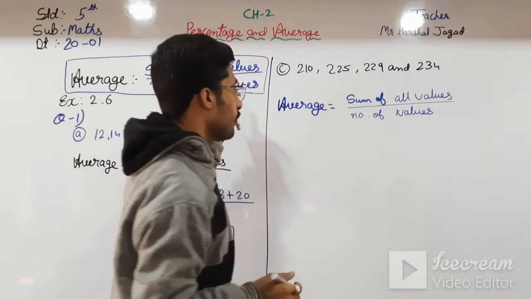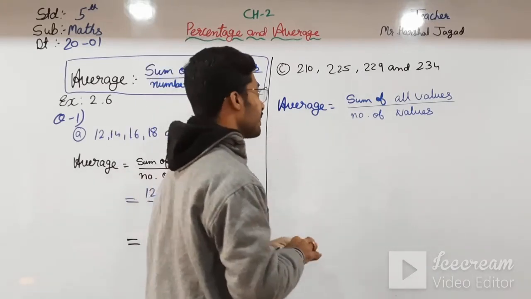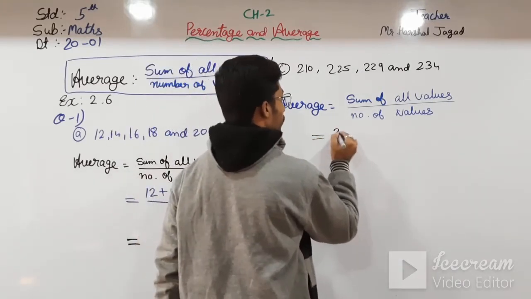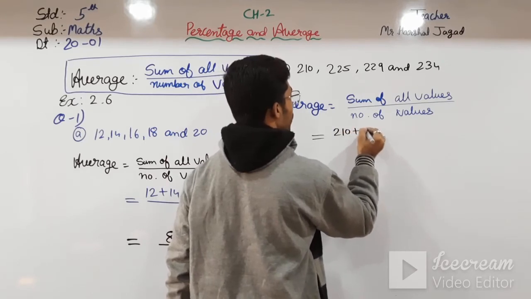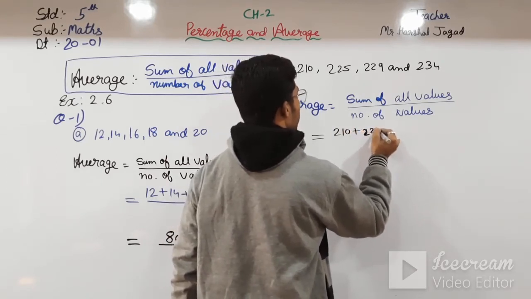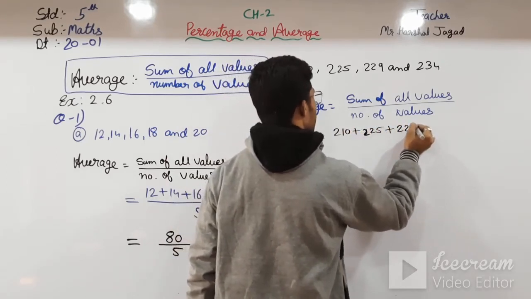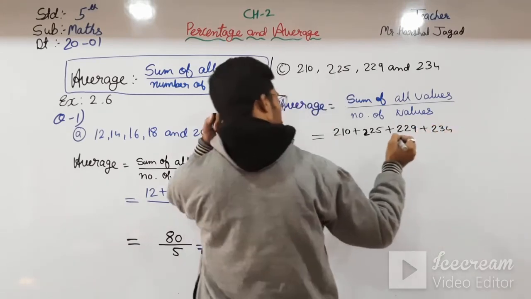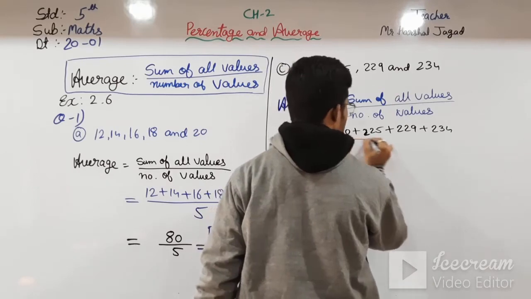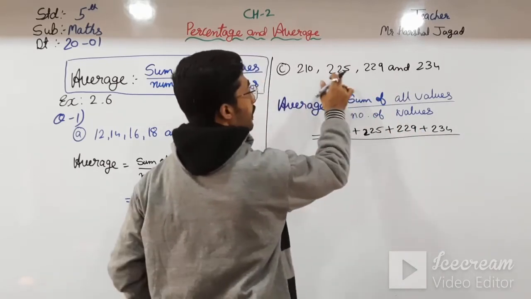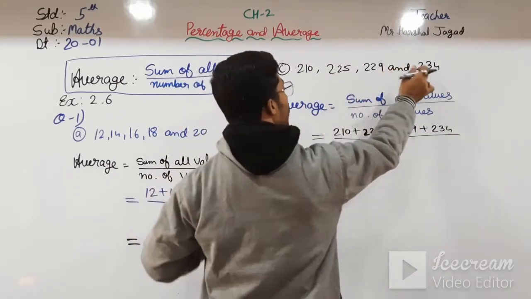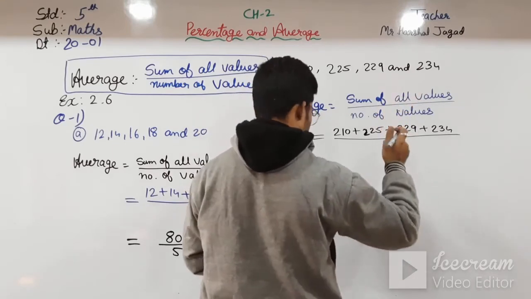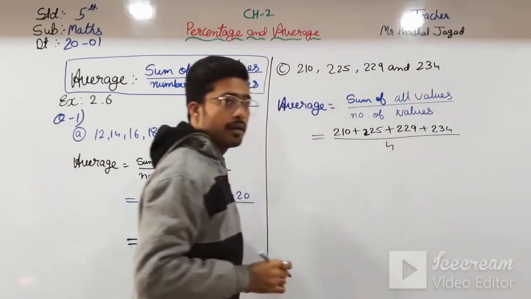Okay, so first of all doing the sum, that is 210 plus 225 plus 229 plus 234, and the total number of values, that is 1, 2, 3, 4. Okay, 4 are there, so we will write here 4.